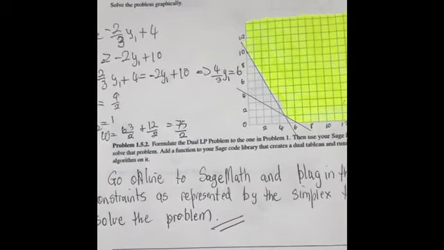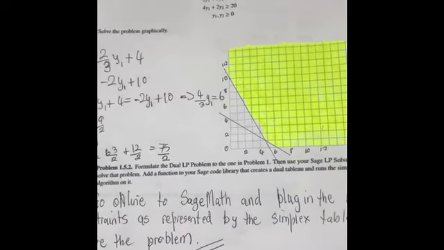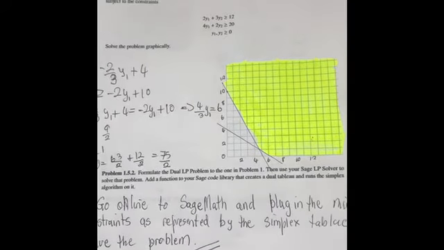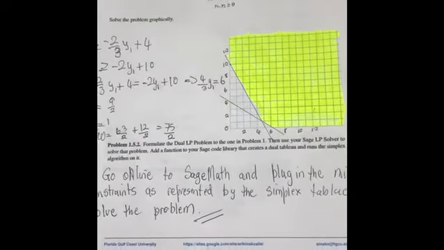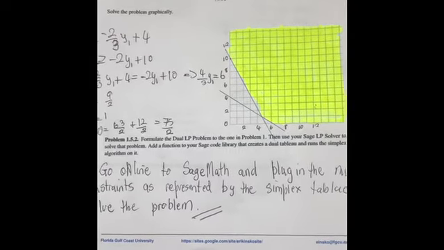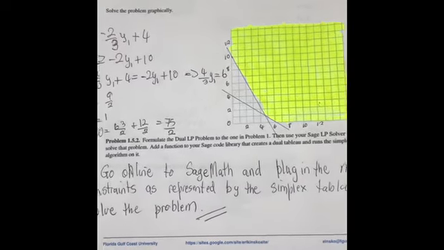Here it asks you to formulate the dual LP problem to the one in problem 1, then use the Sage LP solver to solve the problem.